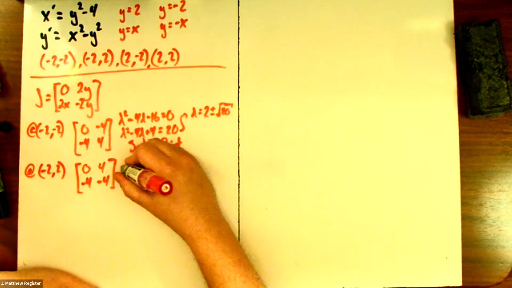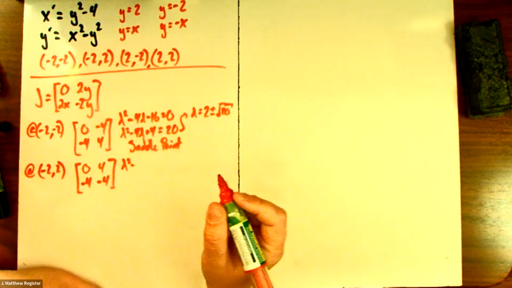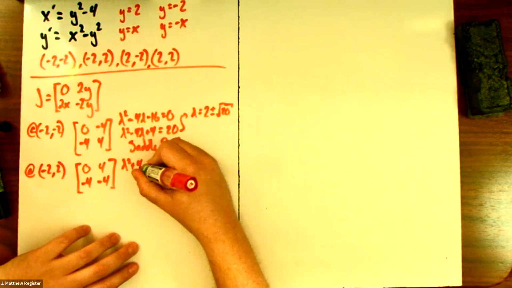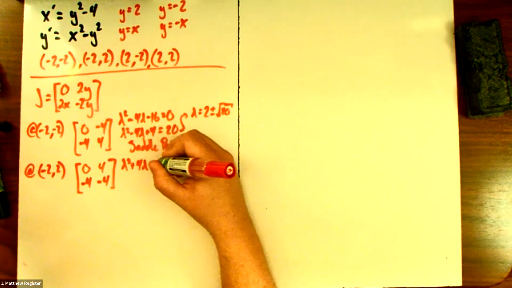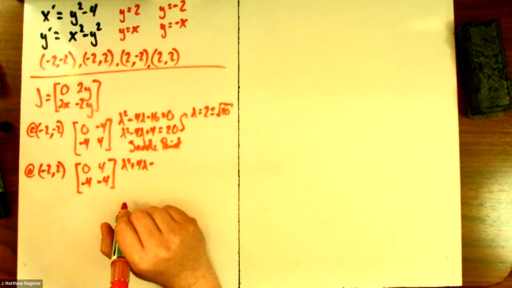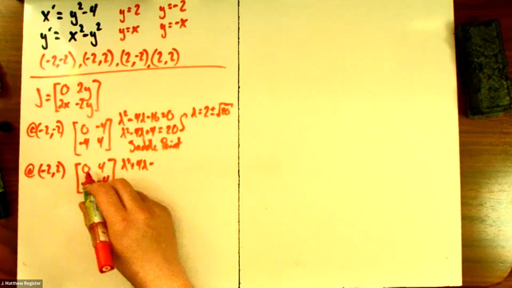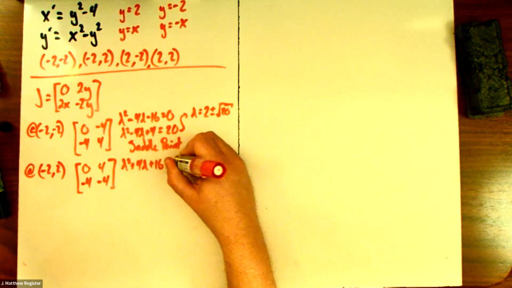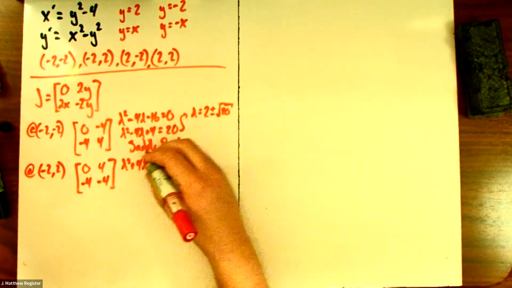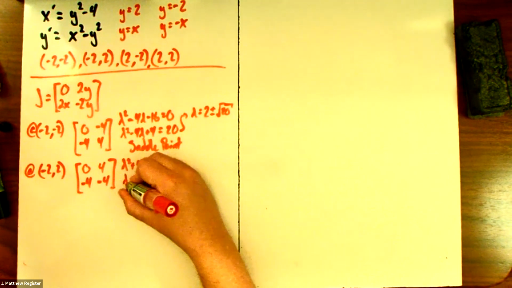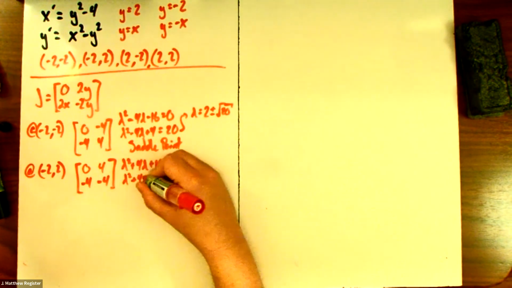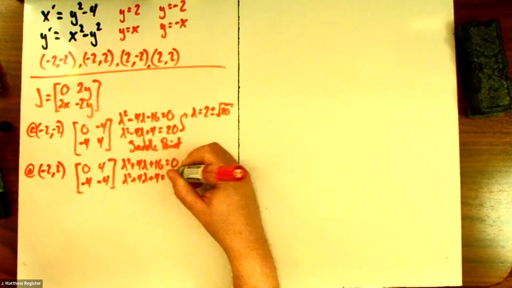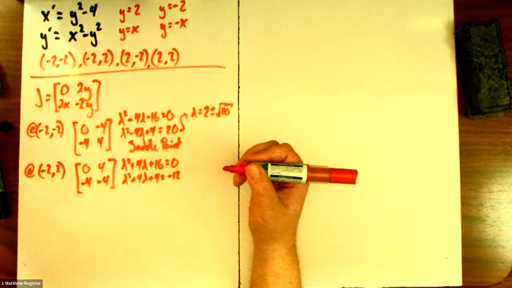And so we're going to get lambda squared minus the trace, which would now give us a plus 4 lambda. And then it's going to be minus the determinant, which is going to be a plus 16. In this case, we get lambda squared plus 4 lambda plus 4 is equal to negative 12.